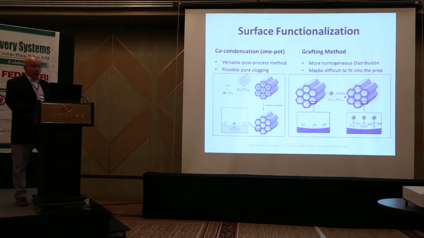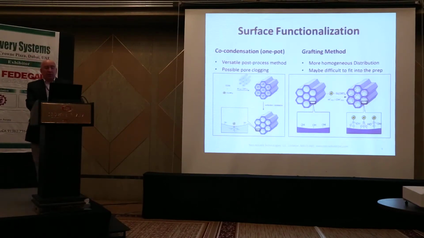And here you have two options. Option number one, you build surface modified material in one pot. That means you take your tetrahydroxysilicate, add other silicon-based material with organic group, and do everything in a one pot process.